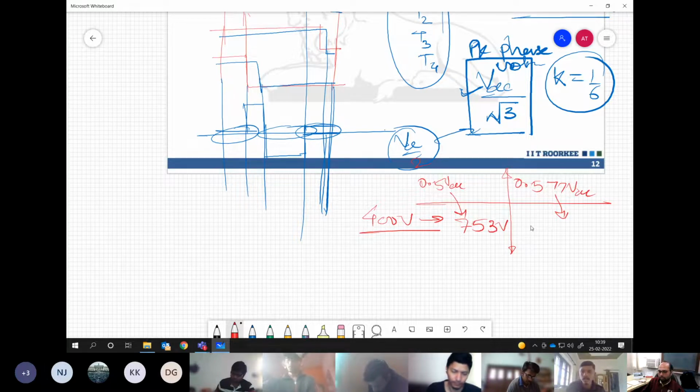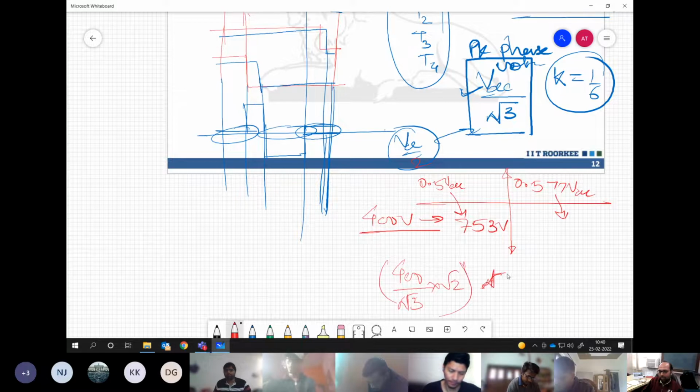So 868.96. You have gone higher. 434. No, 434 is not the correct number. How are you computing? 400 divided by root 3 into root 2. Correct? This into root 3. That is all.